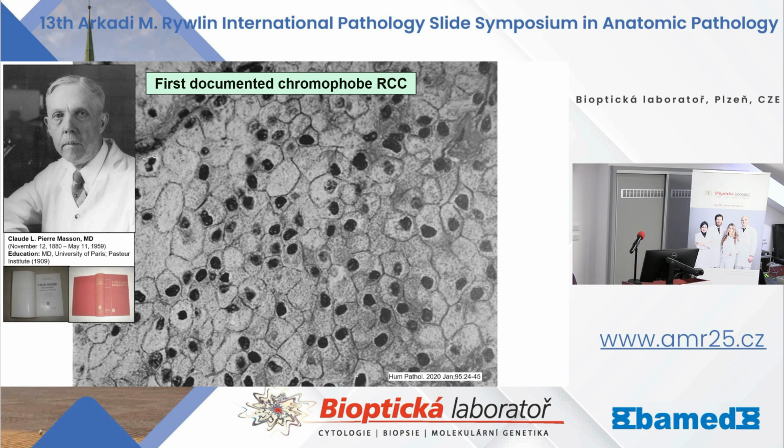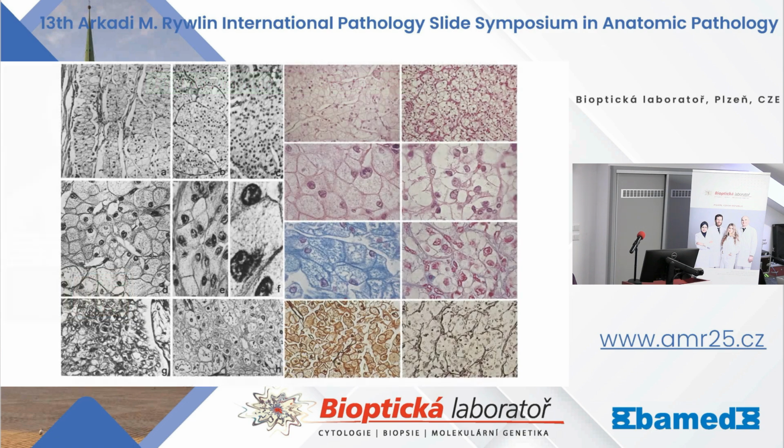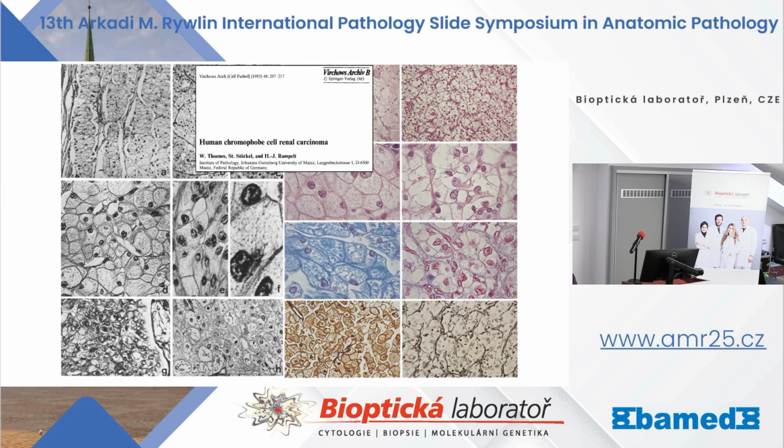However, from the picture, we think that this was the first description, the first documented case of chromophobe renal cell carcinoma. The first cohort of chromophobe renal cell carcinoma was described in 1985, and this is the description of chromophobe renal cell carcinoma as we know it right now.